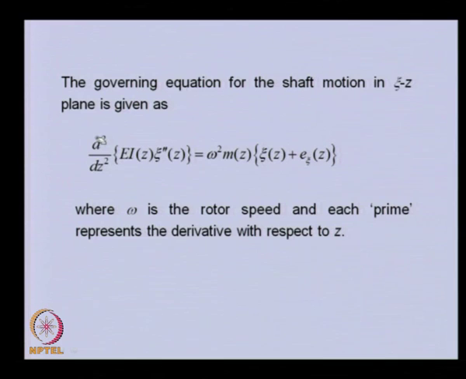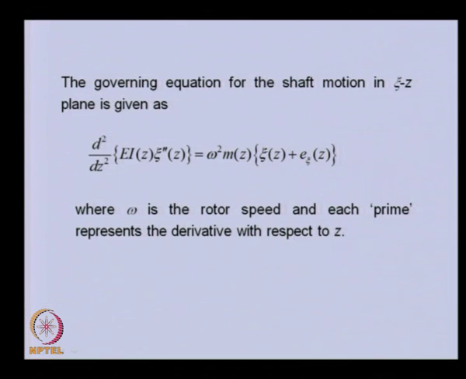This is the elastic component and this is the inertia component. Apart from the response, we have also included the eccentricity, and the time derivative, because the rotor is rotating at omega speed, comes in the form of omega square. So, basically this is the inertia force and this is the elastic force in the continuous system approach.